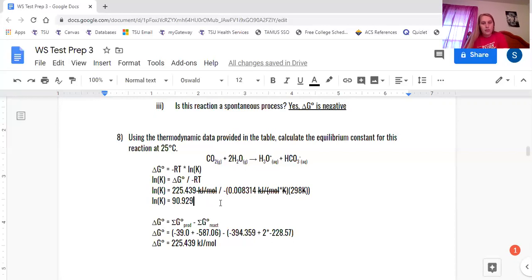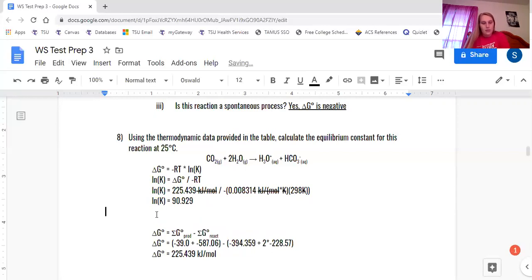So when we just want to go ahead and find K, K equals e to the power of 90.929. Okay, and then you're going to solve that.